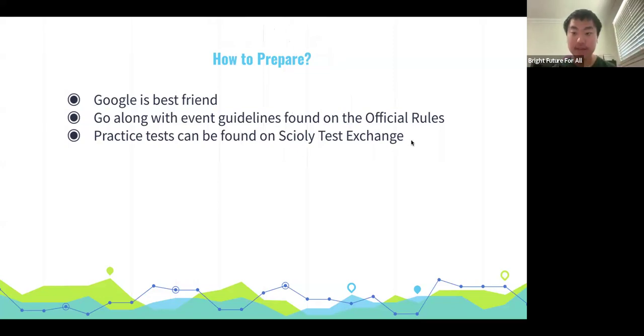Practice tests, I think, have been insanely important. Not everyone follows the event guidelines to a T, and so just gaining experience on understanding what types of questions can be on the test is going to be really important.